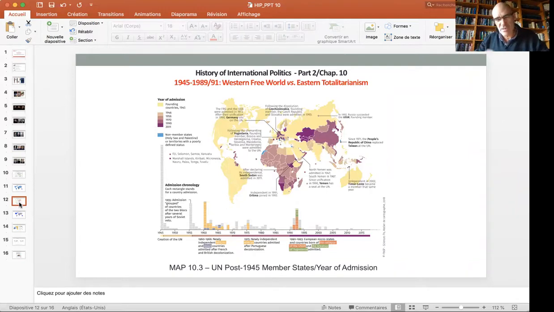Nothing in the present Charter shall impair the inherent right of individual or collective self-defense. States can defend themselves if an armed attack occurs against a member of the United Nations until, and this is the important point, until the Security Council has taken measures necessary to maintain international peace and security.